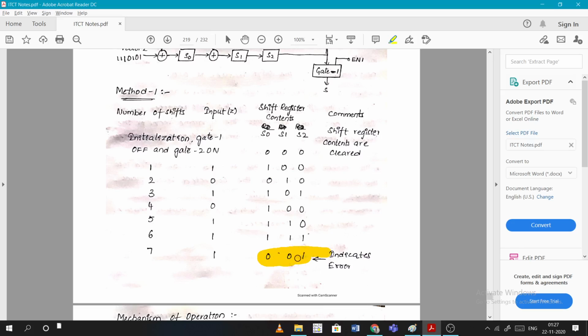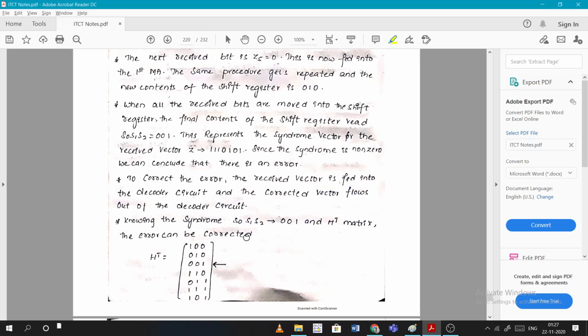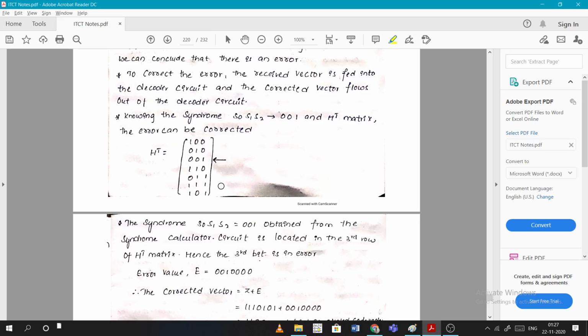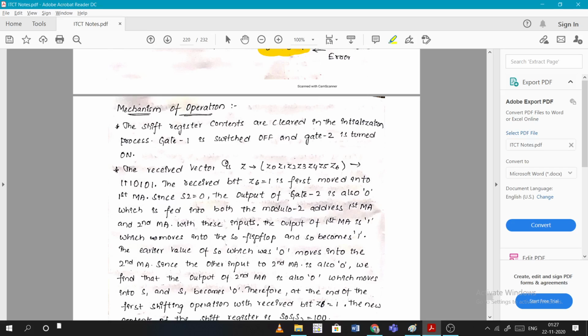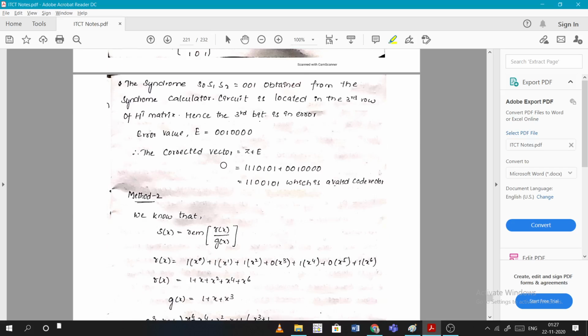This is the syndrome. We'll check this against the H transpose matrix. 0 0 1 is in the third position, which means the third bit is in error. This is the circuit way.